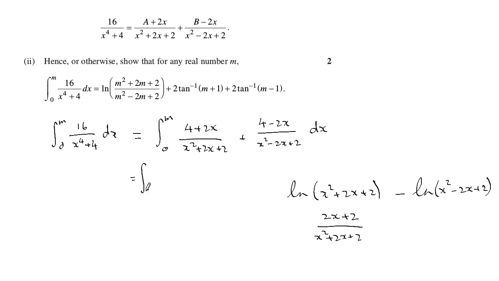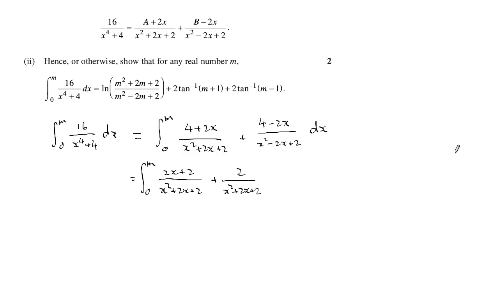What we could do is split it up into a 2x plus 2 over that plus 2 over that. So that bit, when we integrate that, we'll get that. So that's great.